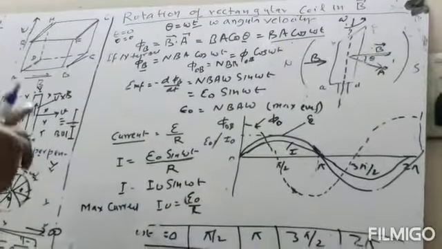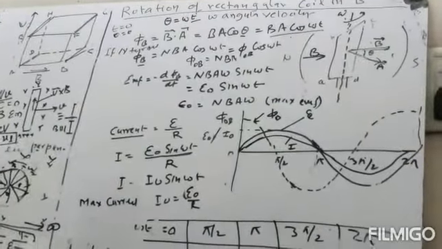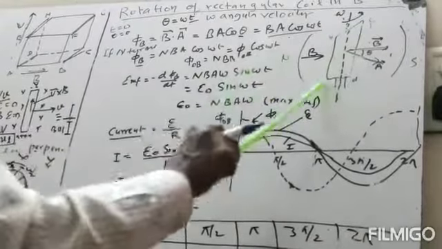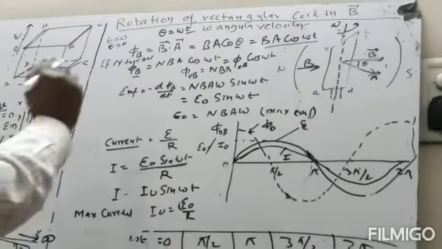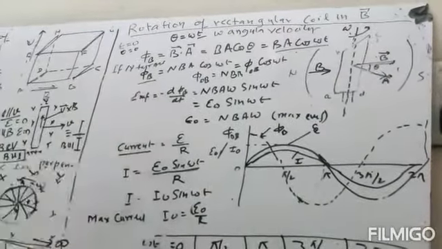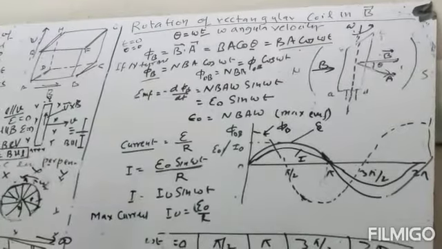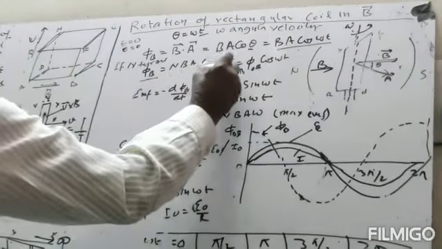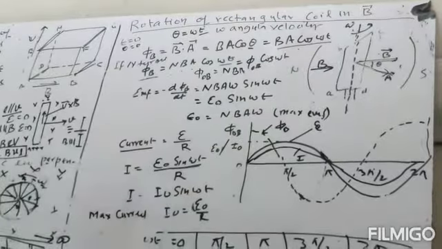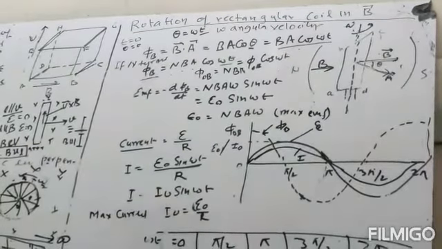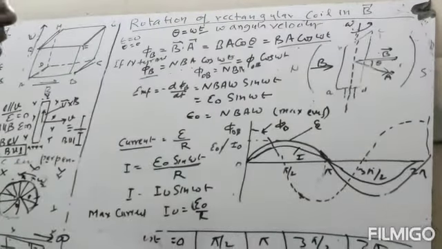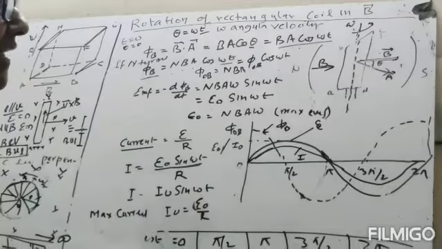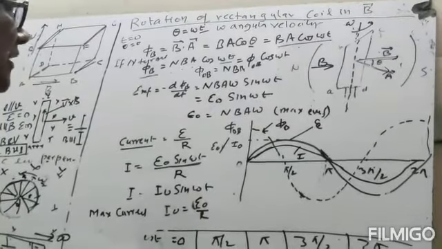And if there are n turns in this rectangular coil, then the total magnetic flux will be n times this, so n B A cos omega t. This will be the magnetic flux passing through the coil when its area vector subtends angle theta with the magnetic field.